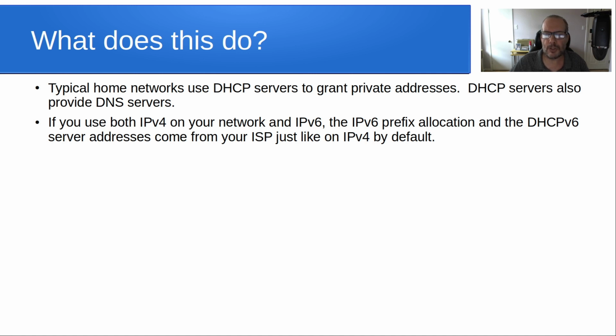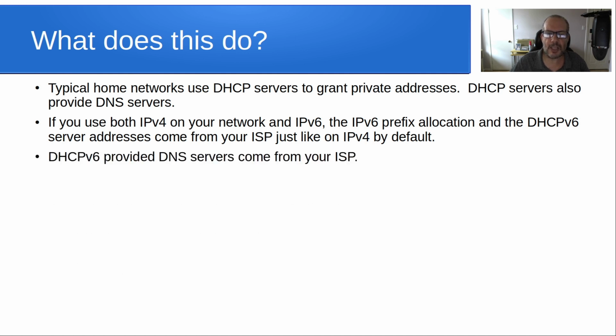So we're all used to changing IPv4 configurations on our routers in terms of perhaps DNS addresses, DHCP scope, and other things. But we don't pay a lot of attention to that configuration for IPv6.